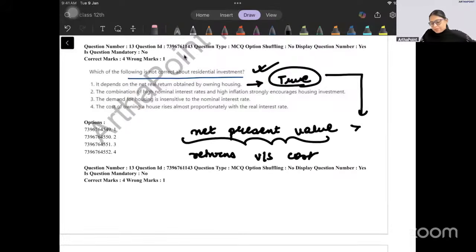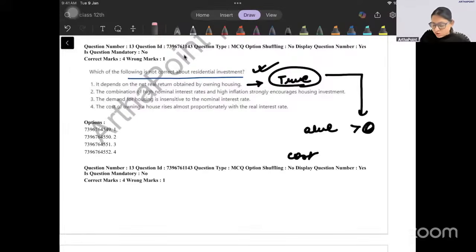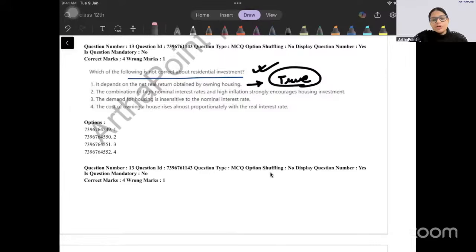And only if this NPV is positive, then we do that kind of investment. सिर्फ तब हम वो investment करते हैं. So definitely we look at the return. We notice if the return is positive or not. कोई भी investment करने से पहले you will look at the return. And only when the return will be positive, you will go ahead and do that kind of investment. So there is nothing wrong in this. It is a correct statement that we will look at the net return of this investment.